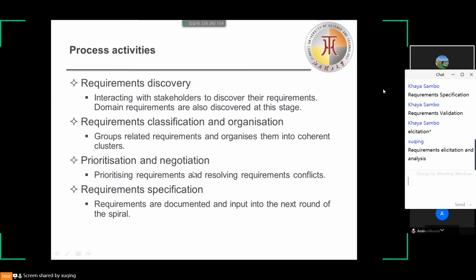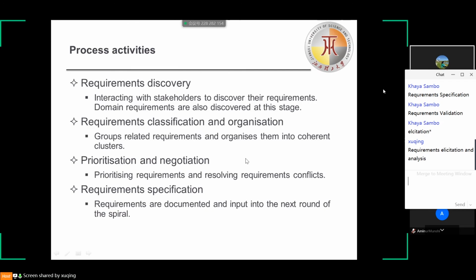In the figure, we have seen that requirements elicitation and analysis is an iterative process with continual feedback from each activity to other activities.